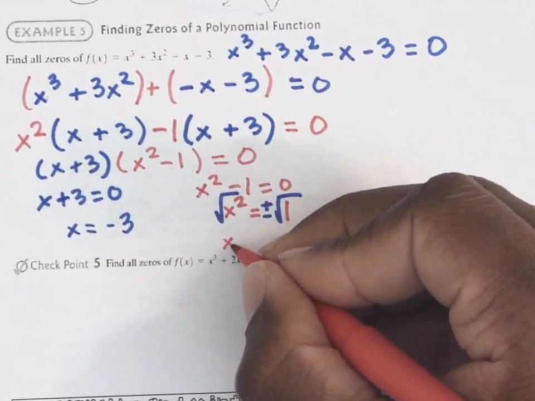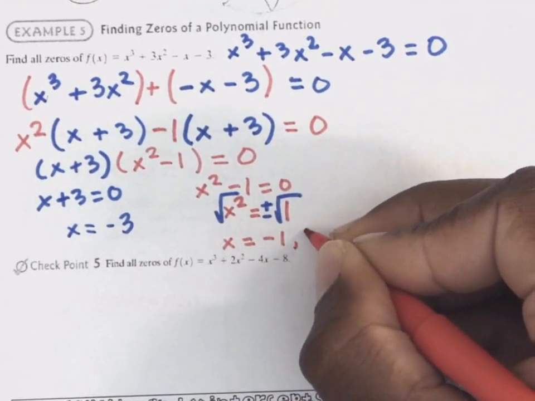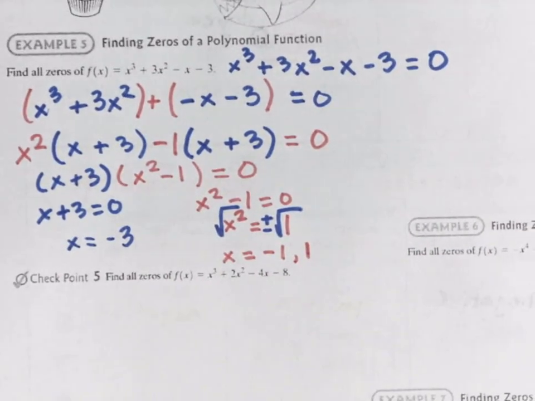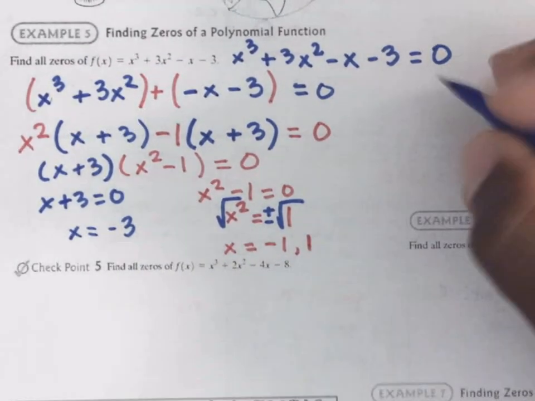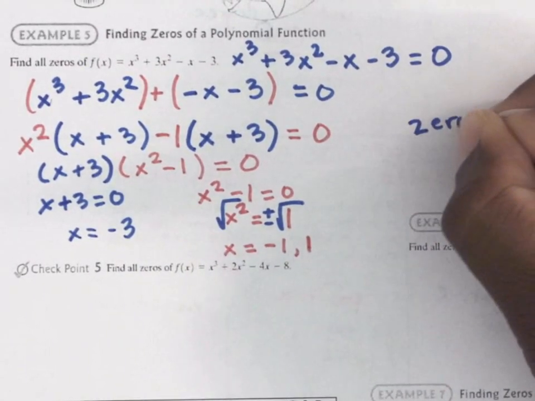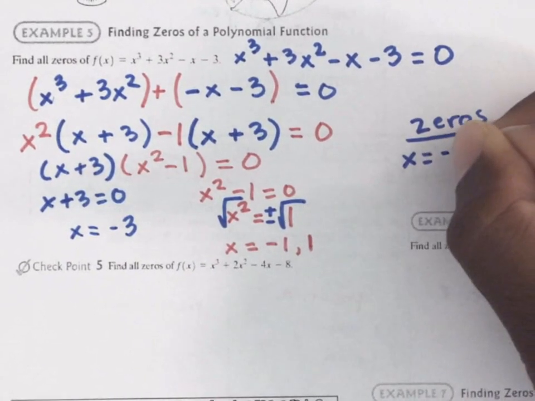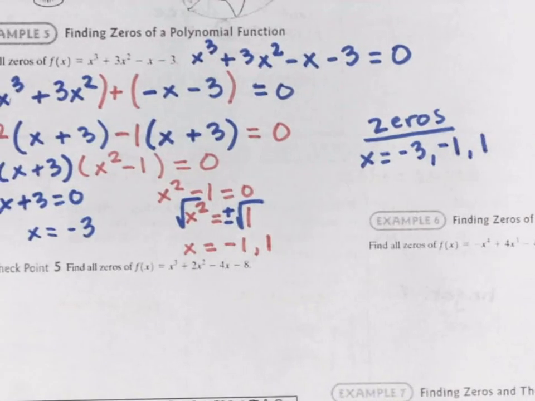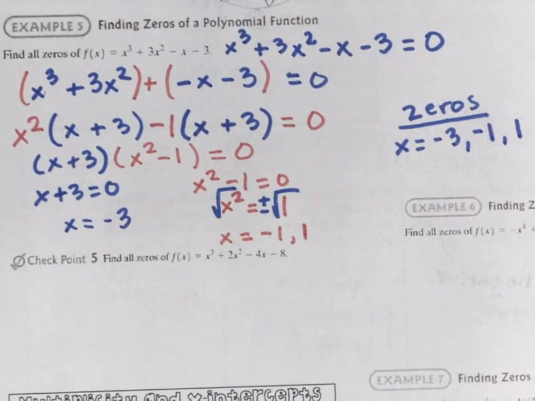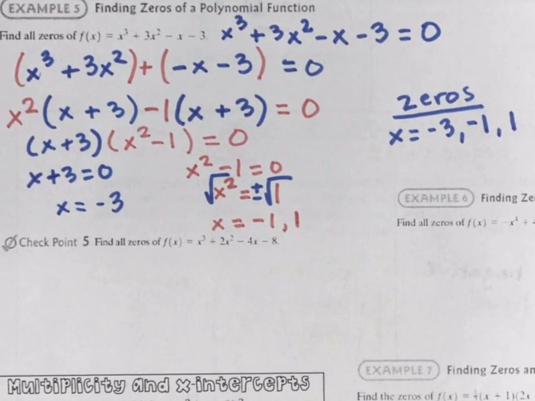So x equals negative 1 and positive 1. So in total, I've got how many answers? 3. My zeros are x equals negative 3, negative 1, and positive 1. Everybody okay? Yeah.